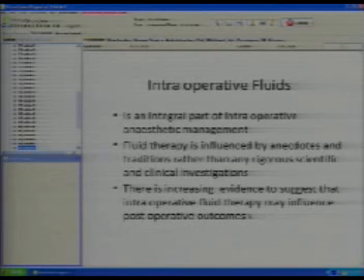Presently, intraoperative fluid therapy is influenced by case reports, anecdotes, and the tradition of a particular hospital or institution rather than any rigorous scientific and clinical investigations. And now we understand that intraoperative fluid management may influence postoperative outcomes.